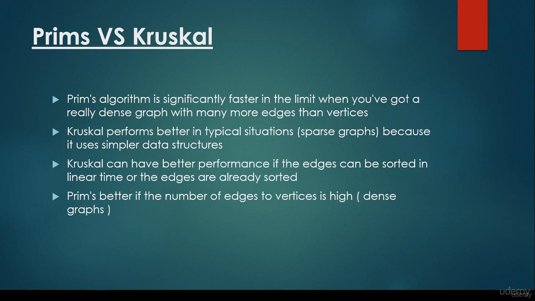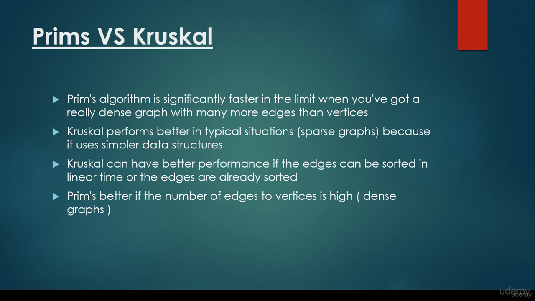So when the number of edges is way more than the number of vertices, it's definitely worth using Prim's-Jarník algorithm with the heap abstract data type. Kruskal performs better in typical situations, so sparse graphs where the number of edges is not that high, because it uses simpler data structures. Basically, we just have to sort the edges according to the edge weights. We don't have to use any heap abstract data type.